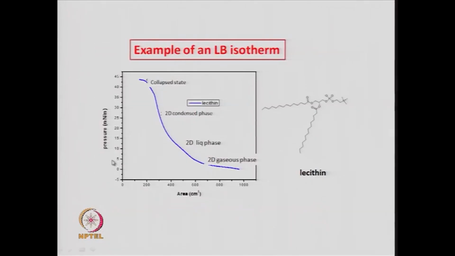So, in this LB isotherm, at a particular pressure, for lecithin at this area of around 200 square centimeters, the pressure is something like 40, maybe 40 or 42 millinewtons per meter, and if you are around that, then the lecithin film breaks down.